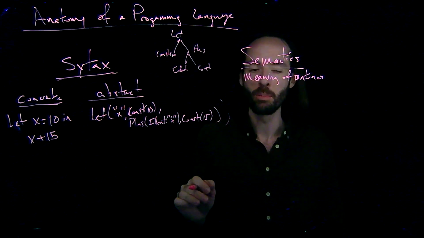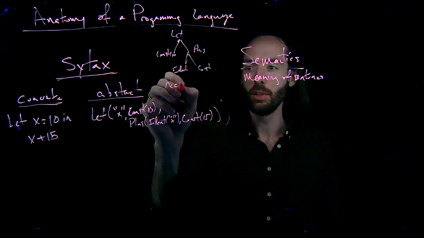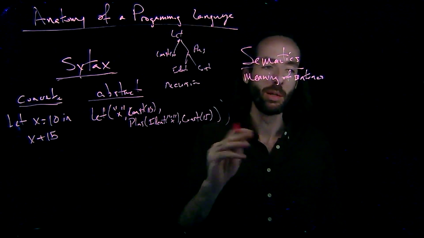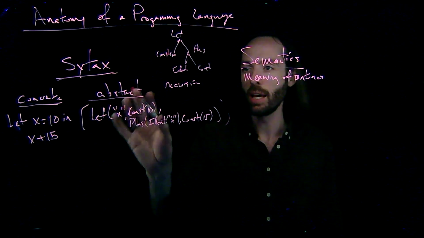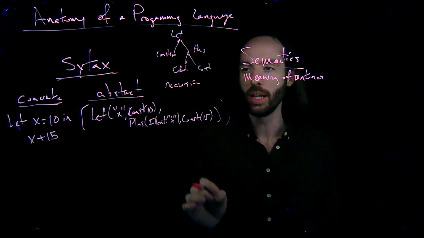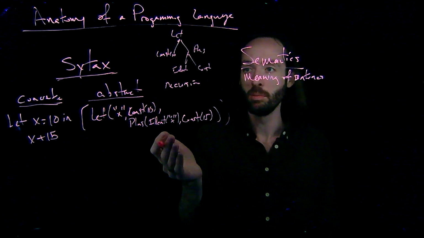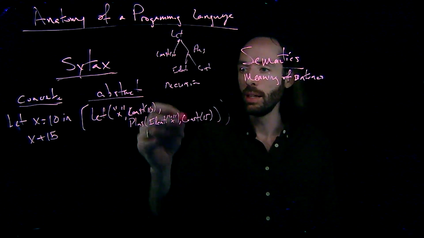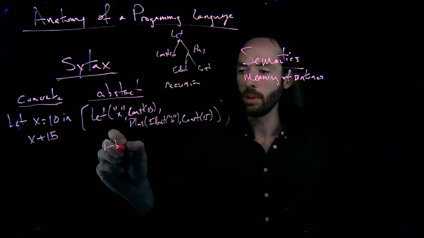It's very easy for a computer to walk its way through a tree, usually using recursion, which we'll be doing a bunch in this class. But this is the handier form that isn't broken down graphically like this, but it nonetheless has the same tree structure.